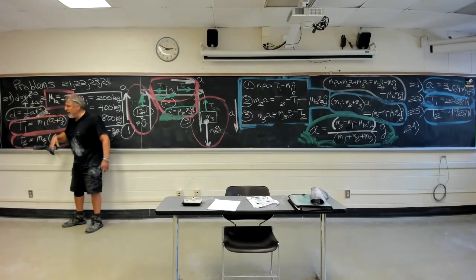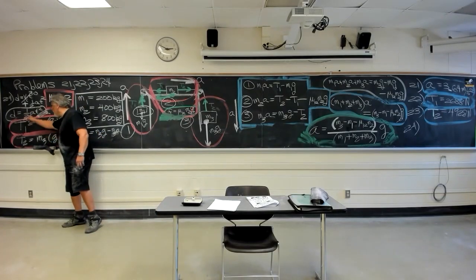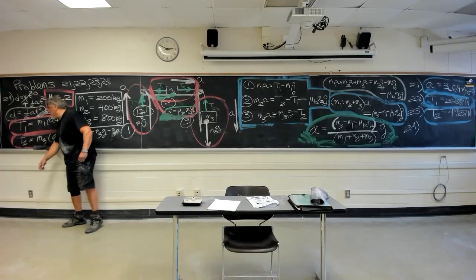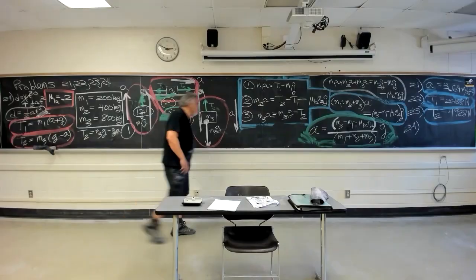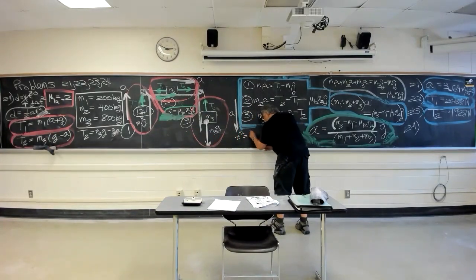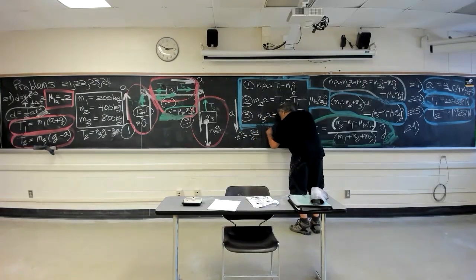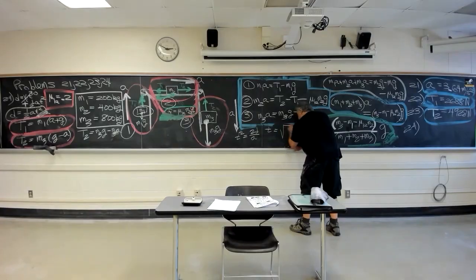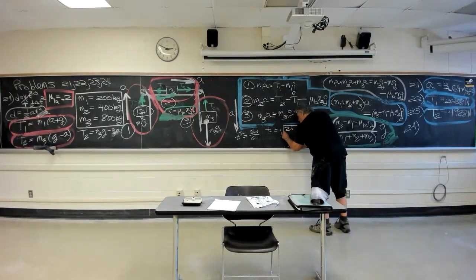It's not 9.8. That was my fault. Let's solve for t squared. Multiply by 2 on each side and divide by a. T is equal to the square root of 2d over a.